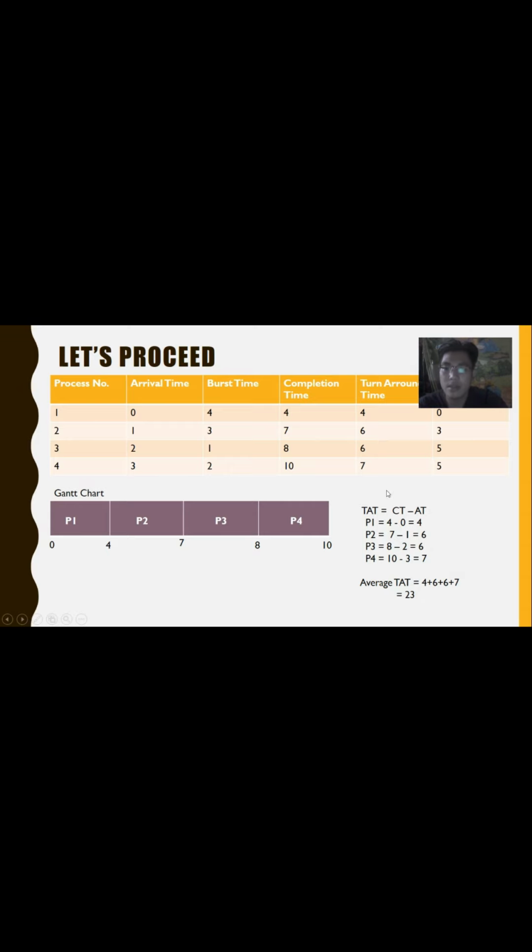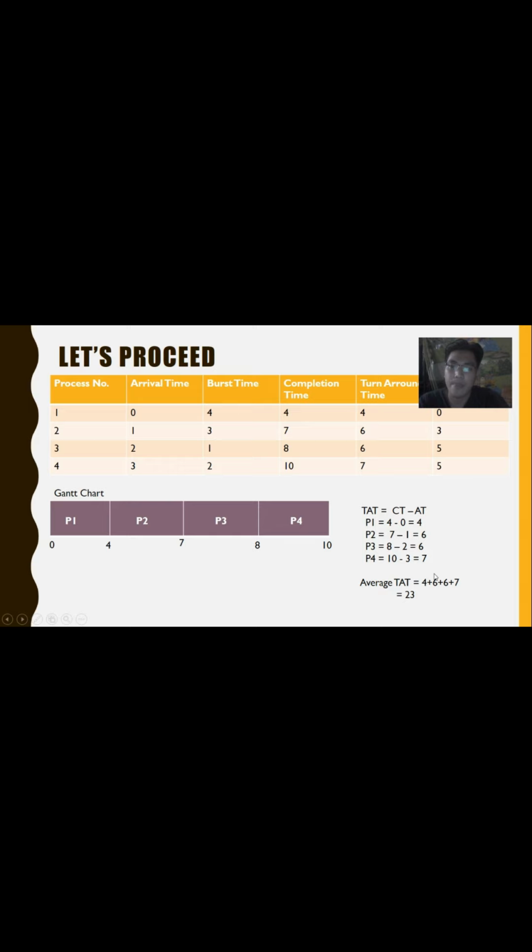For P2, the completion time is 7 minus the arrival time 1. So the answer is 6. For P3, the completion time is 8 minus the arrival time 2, equal to 6. And lastly, for P4, the completion time is 10 minus the arrival time 3, equal to 7.